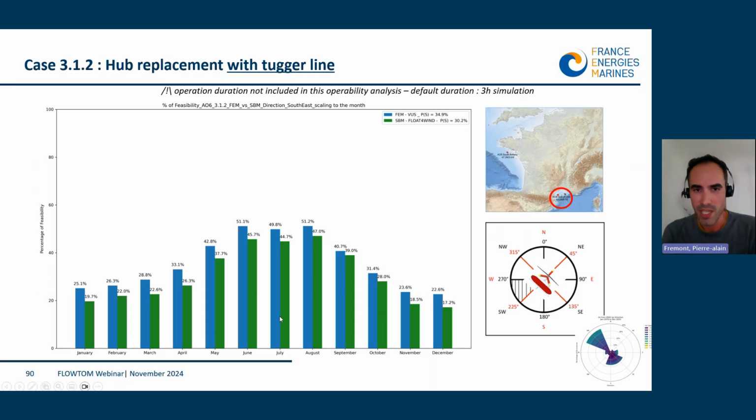And if we look at the season for the main direction, here we can see a seasonality with more favorable periods during the summer with a higher percentage of success, about 50% between June and August, and the worst operability success during the winter, which is the period with the highest sea states.